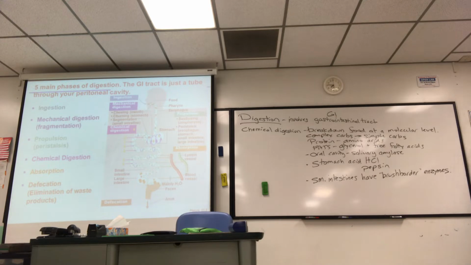Now the brush border enzymes line the microvilli of the epithelial cells, and that's why they're called brush border enzymes. The microvilli appear like a brush border on the microscope. So that's basically most of the chemical digestion.